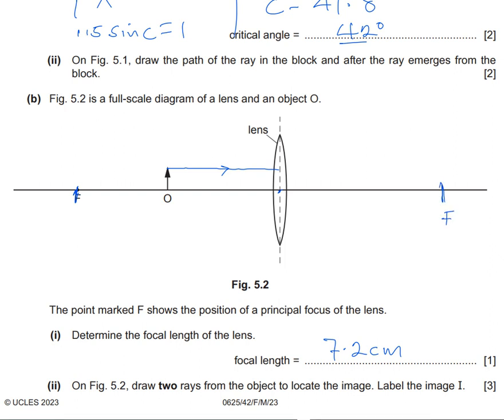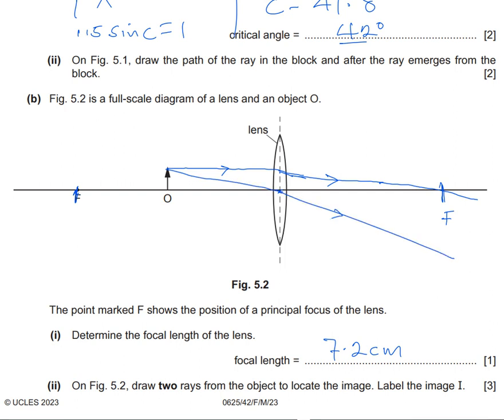This is F. So you draw the ray through F, and there must be a straight line. Then another thing is that a ray through the center of the lens, which is the optical center, should not be deflected. So it should go through straight, like this.